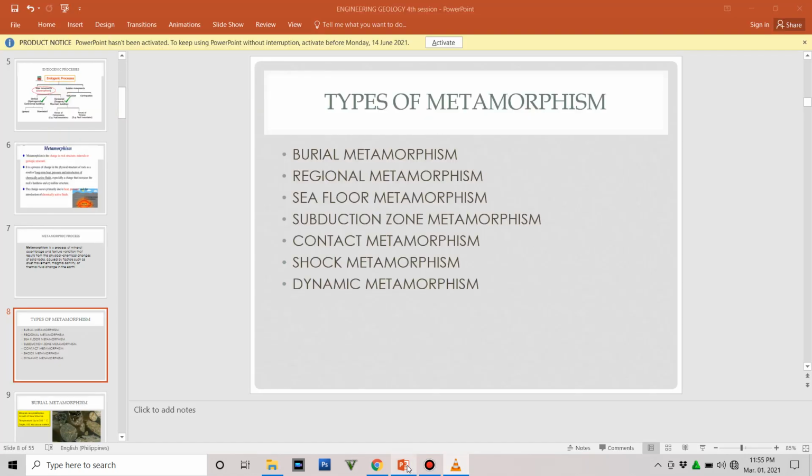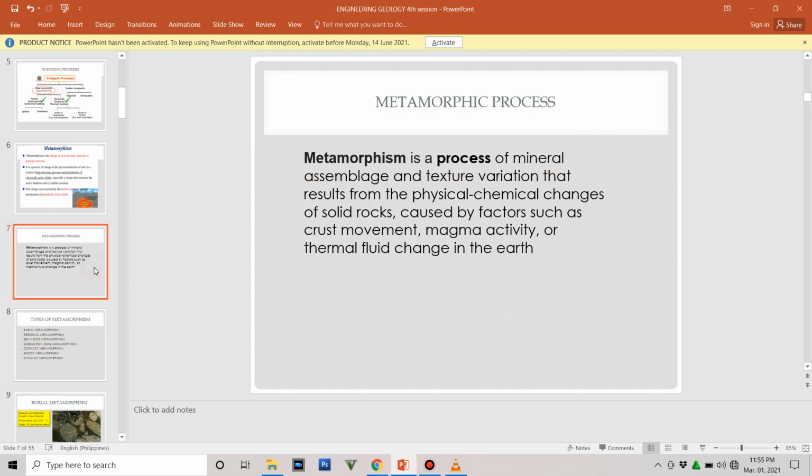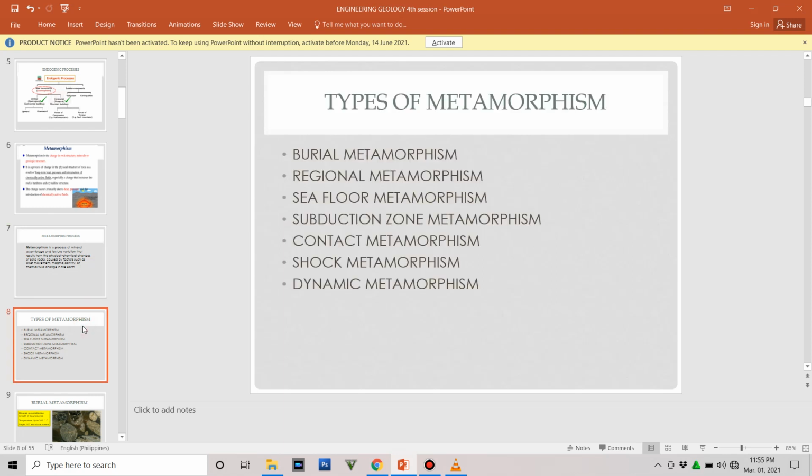Okay, so that is the end of the video. In the video, we have witnessed the process of several types of metamorphism, as you can see on the slide here.